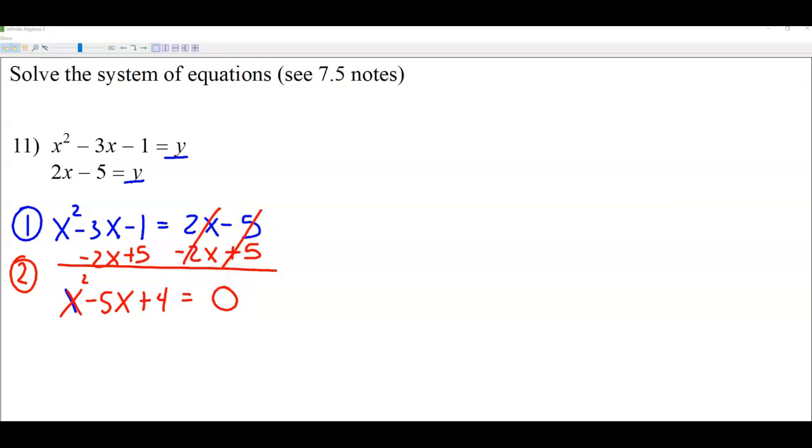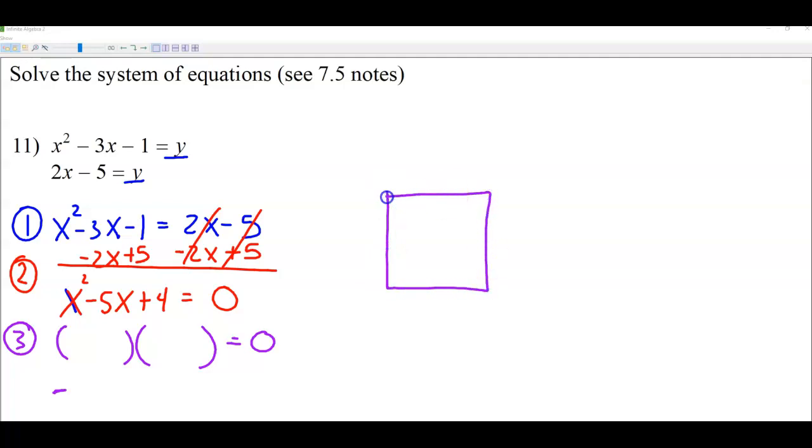All right, step 3 is going to be to factor. Now, we're going to use the box method for that. We'll put the first term here. We'll put the last term here. We're looking for two numbers that multiply to make x squared and two numbers that multiply together to make 4.